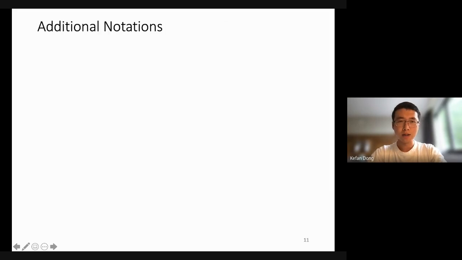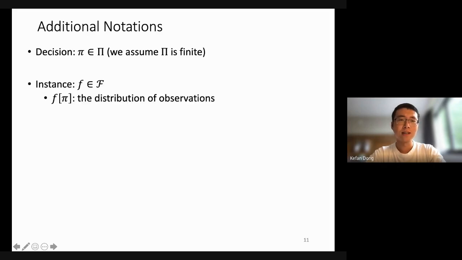Okay. So before I move forward, let me introduce some additional notations. We use the capital letter pi to denote the set of decisions, and we assume capital pi is finite. And we use capital F to denote the set of instances. And we use this notation f of pi to denote the distribution of observations if we execute the decision pi on the instance f.